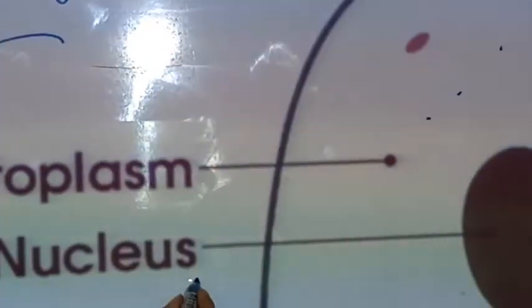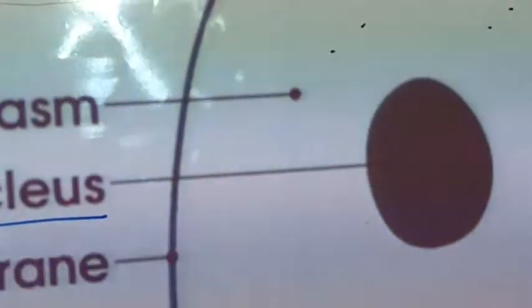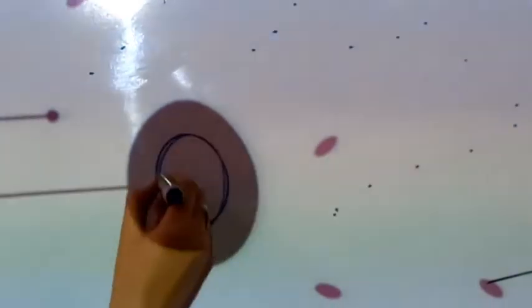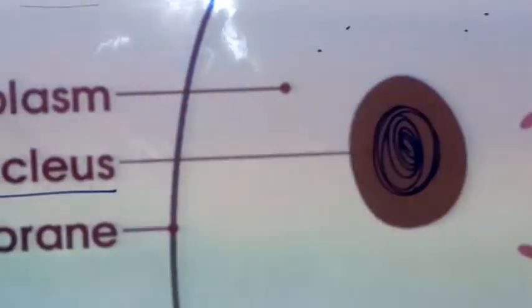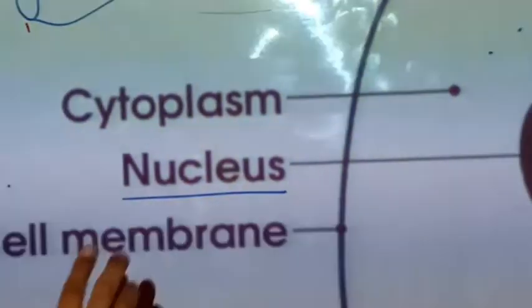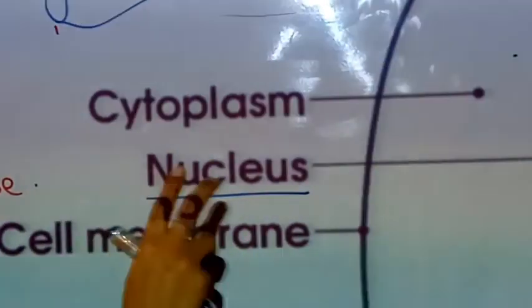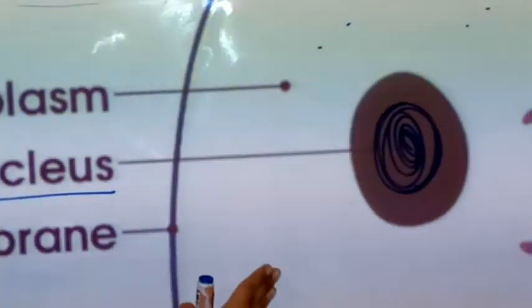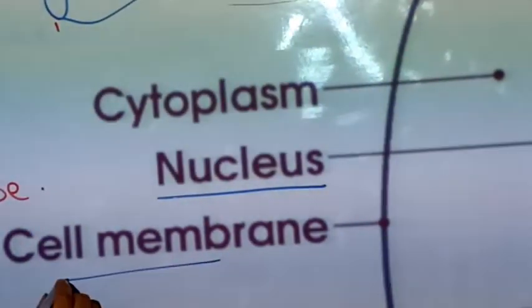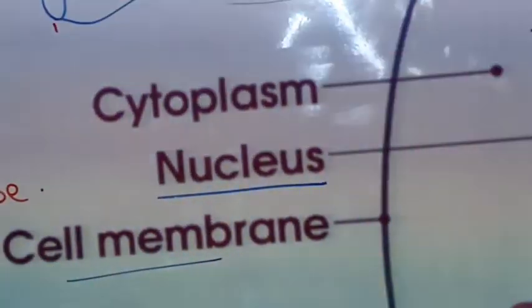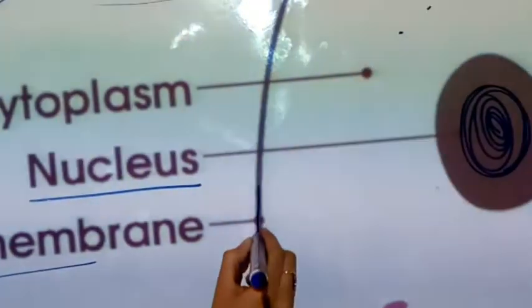We also have a nucleus, like the plant cell. So, number 1, cytoplasm. Number 2, nucleus. All these components we can find in the animal cell and the plant cell. We also have the cell membrane or plasma membrane from outside.